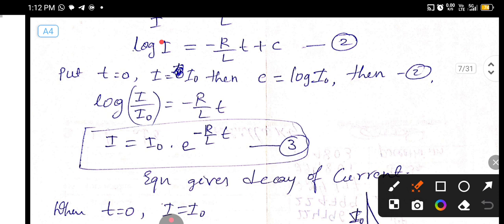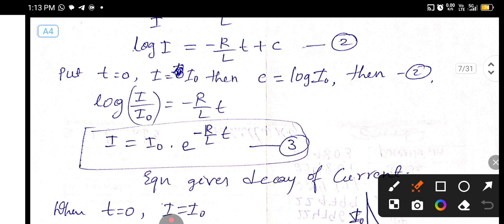Putting this value of c in equation 2 and simplifying, log I by I0 equals minus R by L into t. On simplification, I equals I0 e to the power of minus R by L into t.